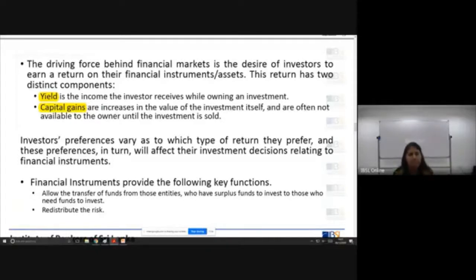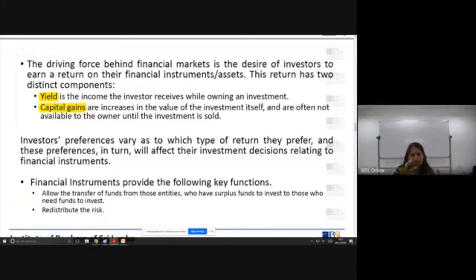All right. As a financial instrument, it does two functions, and we know that. One is it allows the movement of funds. It's the vehicle which carries the fund. And on the other angle, it helps to redistribute the risk.